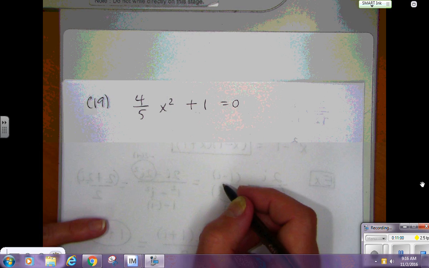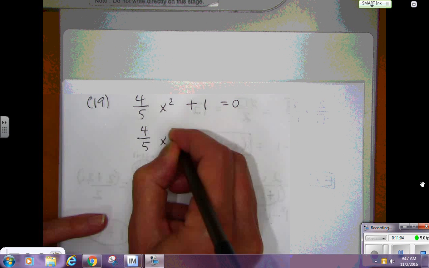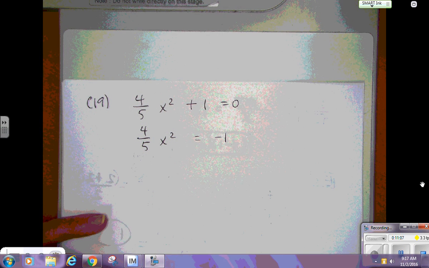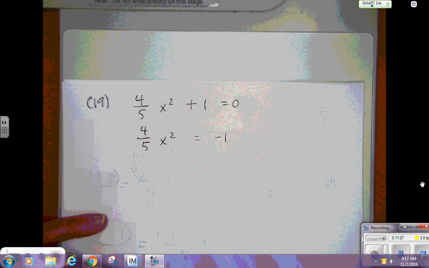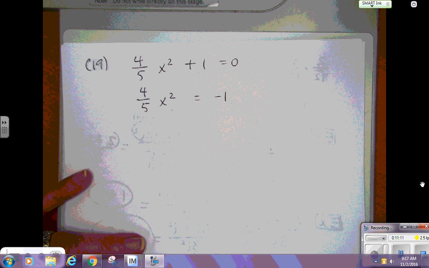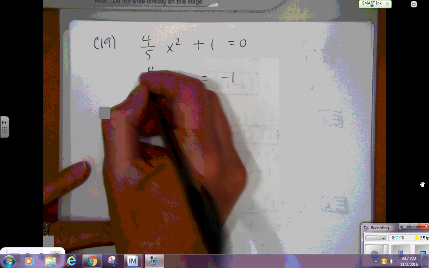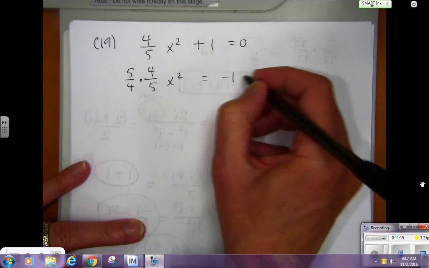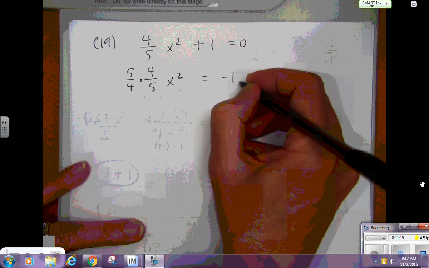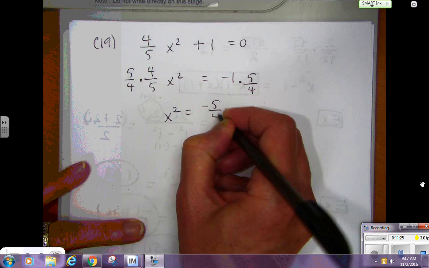So first I'm going to subtract the 1 over. And what am I going to do now to solve for x squared? Multiply by the reciprocal. Okay, so I'm going to multiply both sides by 5 over 4. So I have x squared equals negative 5 over 4.